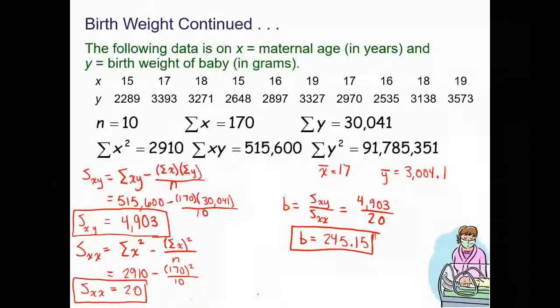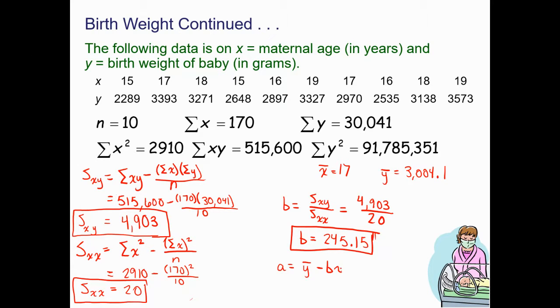So let's get A. For A, we have to do y bar minus B times x bar. So we were told that y bar is 3004.1 minus 245.15 times x bar, which is 17.